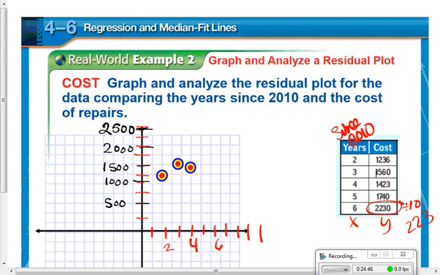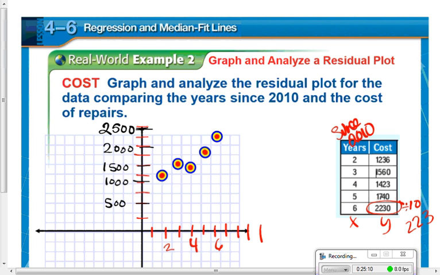And 5, 1740. So, yeah, about right here. And the last one, 6, 2230, about, okay? So now, we're looking for a line that will go through that, okay?